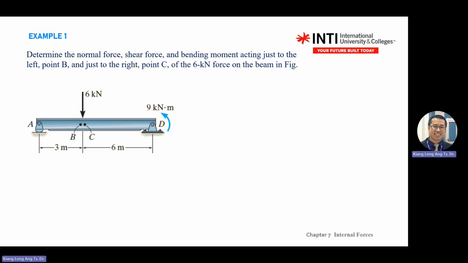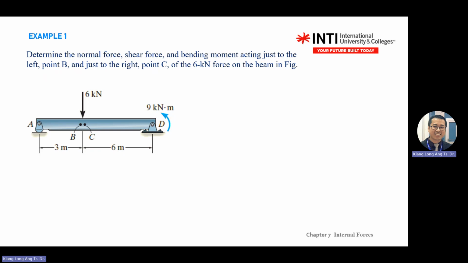This is point B. How do you draw B? The contact force.